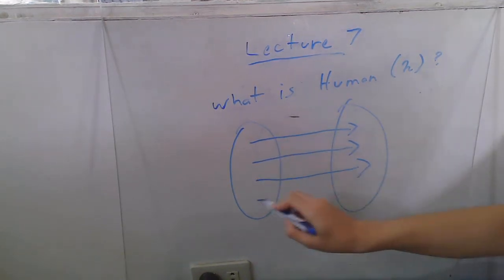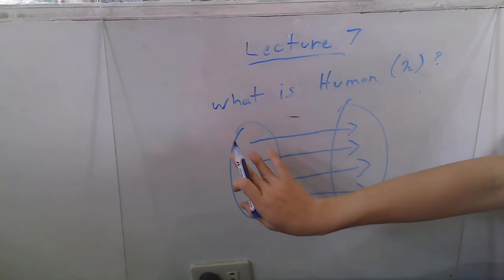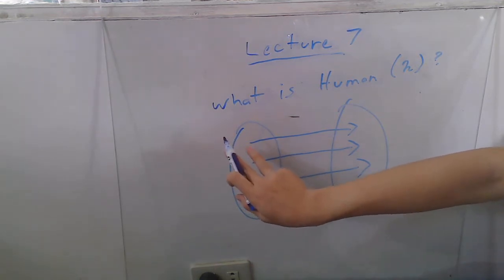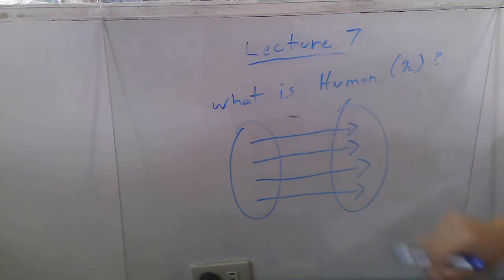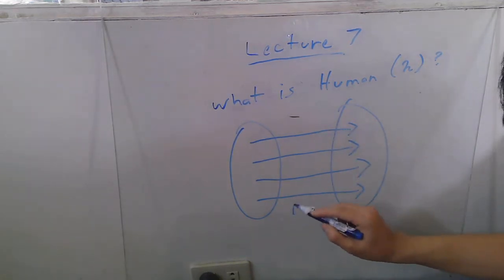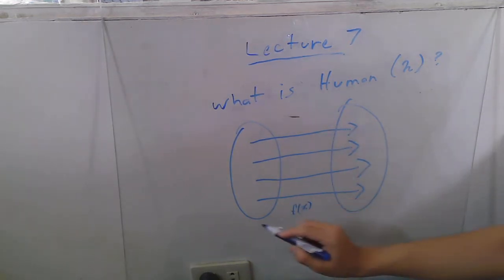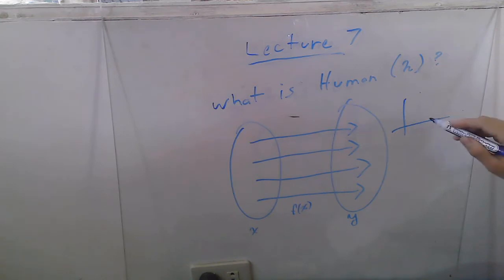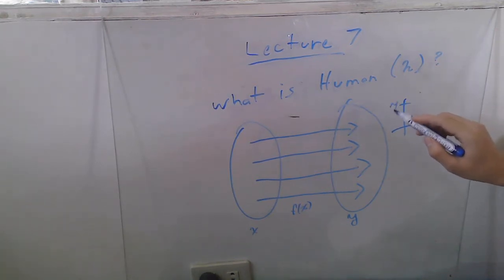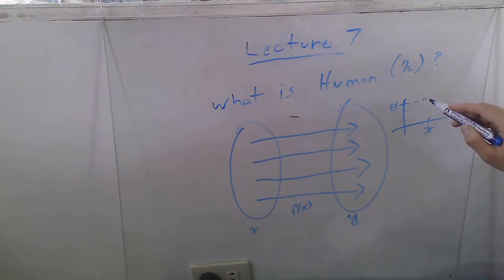So what a function does is basically take this one here and tell us which thing here it corresponds to, right? This is f of x. This is x. This is y. So given a point x on the Cartesian plane, the function tells us its y coordinate.